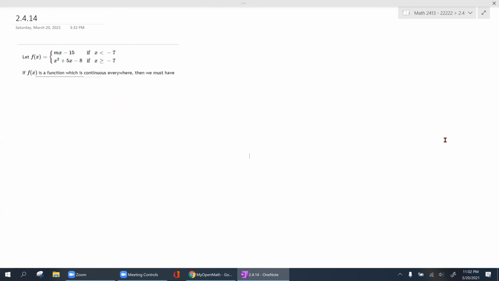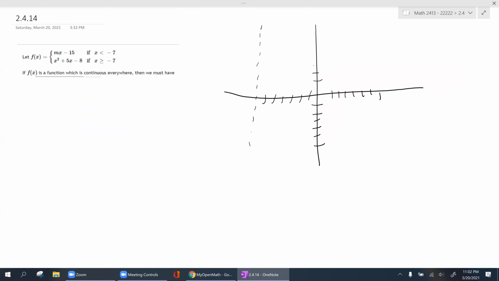We mentioned earlier that with piecewise functions, things are happening to the left and things are happening to the right.